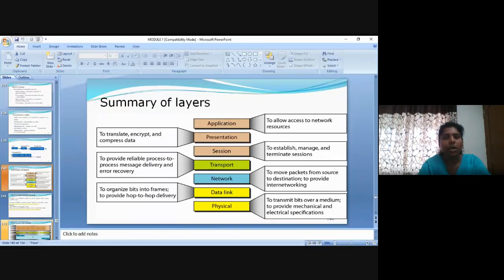The transport layer provides reliable process-to-process message delivery and error recovery. The network layer moves packets from source to destination to provide internetworking. The data link layer organizes bits into frames to provide hop-to-hop delivery, and the physical layer transmits bits over the medium to provide the mechanical and electrical specification.